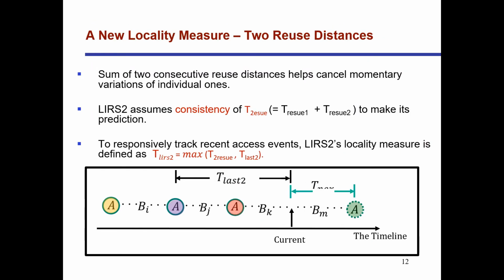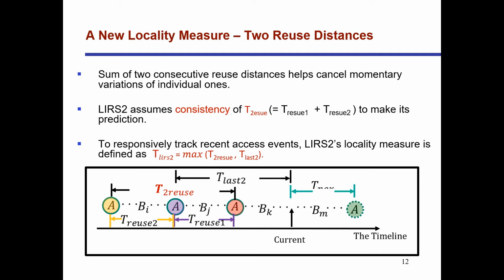To address the issue, we naturally come up with the idea of using the sum of two consecutive reuse distances as a locality measure, which helps cancel momentary variations of individual ones. So this t2-reuse is the sum of t-reuse1 and t-reuse2, the two most recent reuse distances.